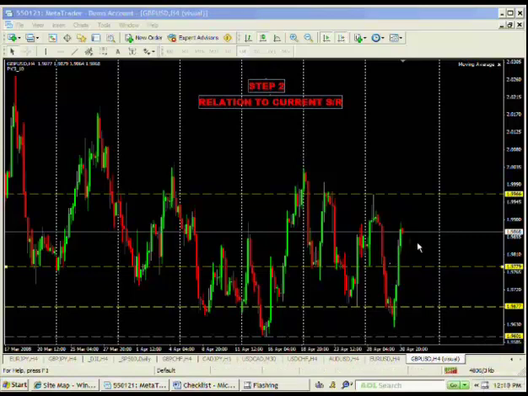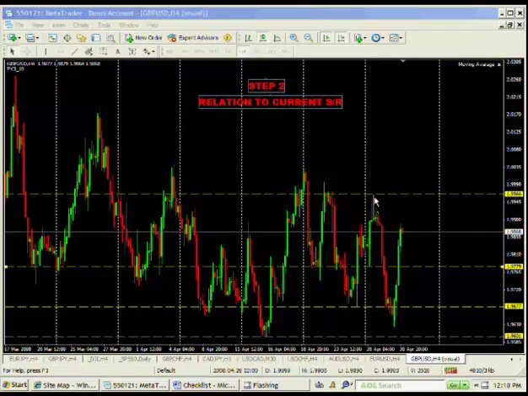But now even though we are in the middle of the range between support here and resistance here, at the current time we are in the process of testing resistance. Now you may say, how are we in the process of testing resistance when resistance is way up here?